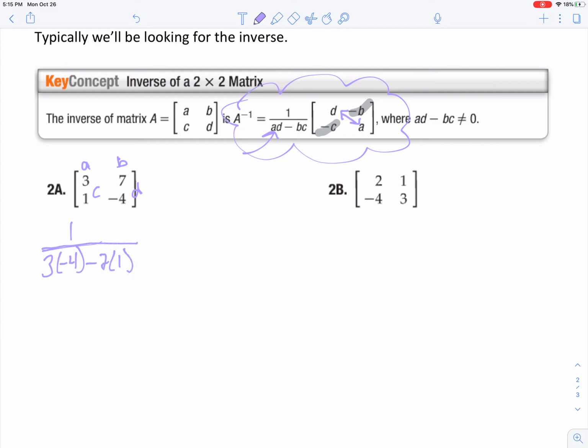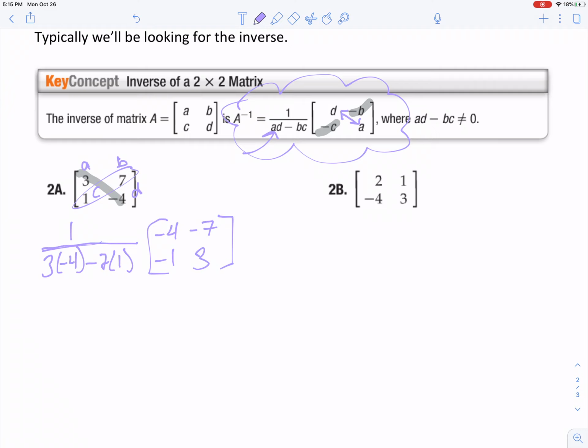Again, you may have noticed that this is literally just a determinant. Remember that from yesterday. And then I'm going to swap these 2 numbers, so -4 and 3. And then for these 2 numbers, just switch the sign. So since the 7 is positive, I'm going to make it negative. 1 is positive, so I'll make it negative.